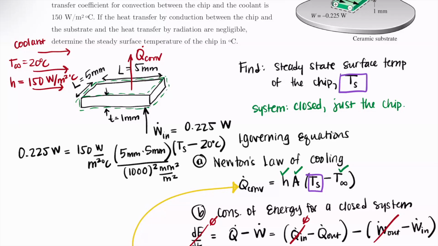Well, I need to divide each length by 1,000. So I have to do 5 millimeters divided by 1,000 and then 5 millimeters divided by 1,000. So does that make sense? Do you believe me? Because I can do it in another step. Are you sure? Okay. All right. So when we do this, we get that Ts is equal to 80 degrees C.